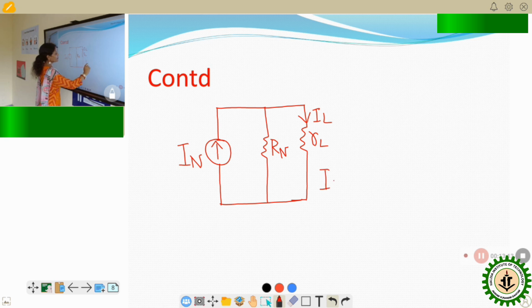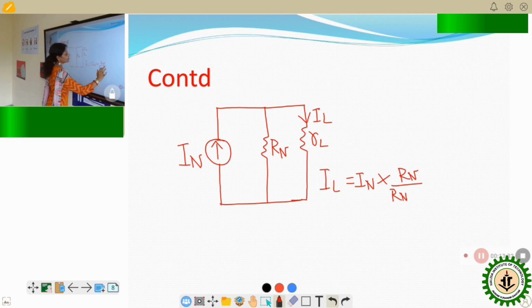So IL will be equal to the total current IN multiplied by the opposite resistor RN, divided by the total resistance RN plus RL. This is the current through the load resistor.